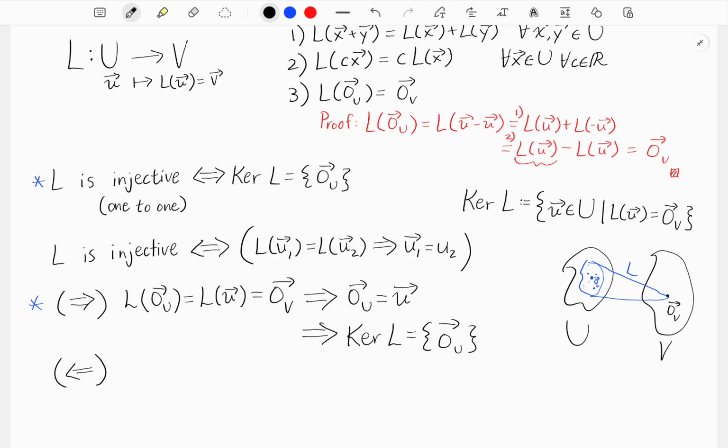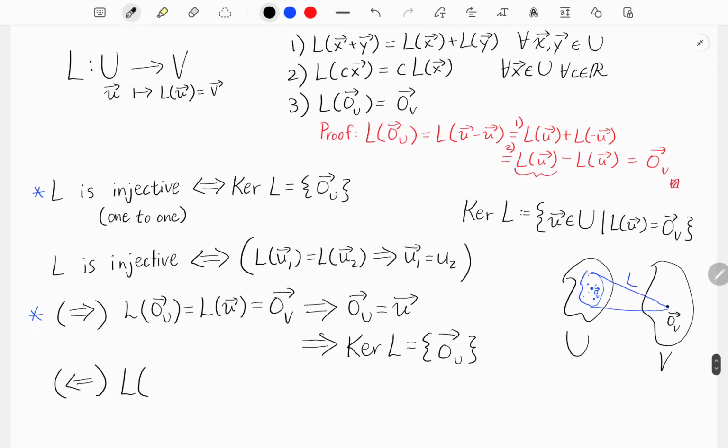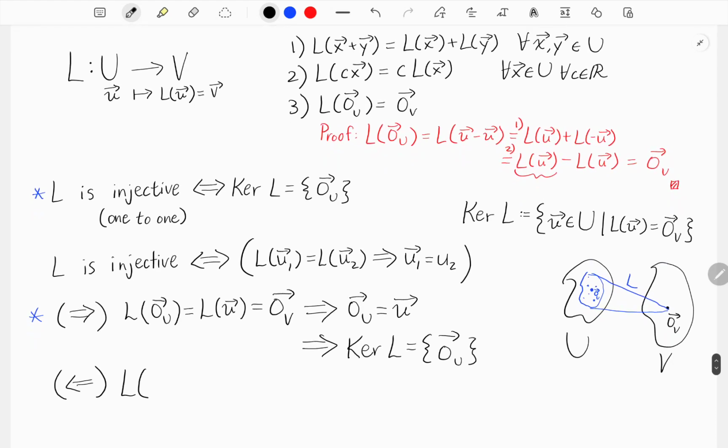Our first assumption is that the kernel of L is just 0u. Let's say I have L of x, where x is in u, and that is equal to L of y, where y is also in u.